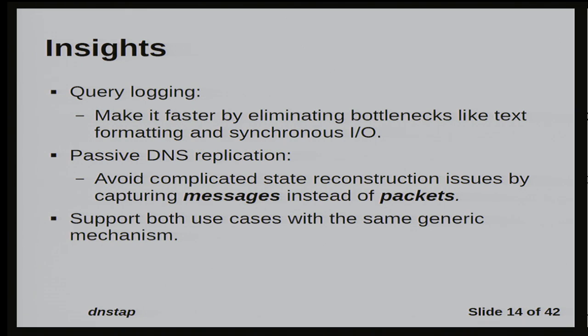And ideally, since these use cases appear like they would be implemented fairly similarly when you're doing this type of logging inside the DNS server, we should be able to support both of these use cases with a generic, flexible mechanism.